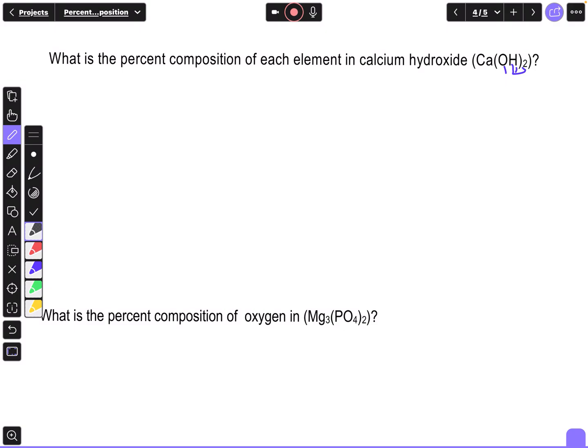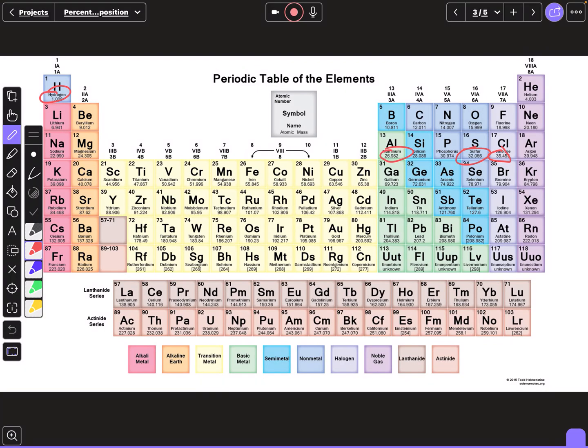So this is made up of calcium. I have 1 calcium atom multiplied by its molar mass. Oxygen, I have 2 of those multiplied by its atomic mass or molar mass. Then I have hydrogen, I have 2 of those. So, the numbers on the inside multiplied by the numbers on the outside. So then I look on a periodic table. I want to find calcium.